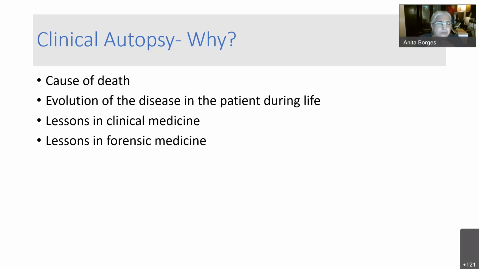But a very important part of why an autopsy needs to be done is to look at the evolution of the disease, whatever the disease is, in the patient during life.